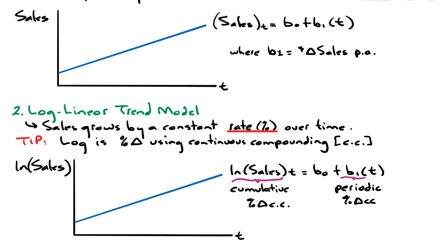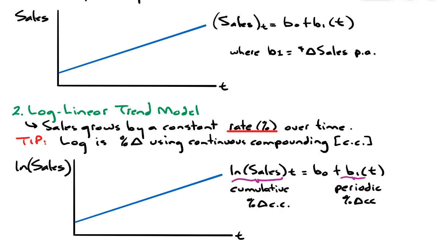And what's the twist in this context? This percentage change is measured using continuous compounding. So once again, whenever you see log, don't panic. Just say, oh, they want to know what the percentage change in sales is, compounded on a continuous basis.